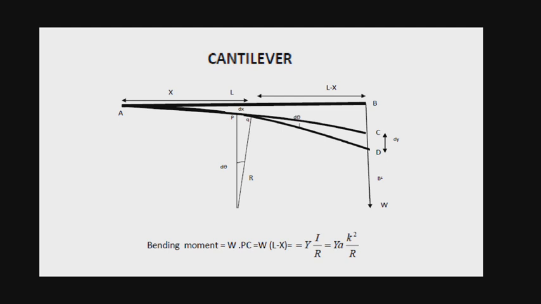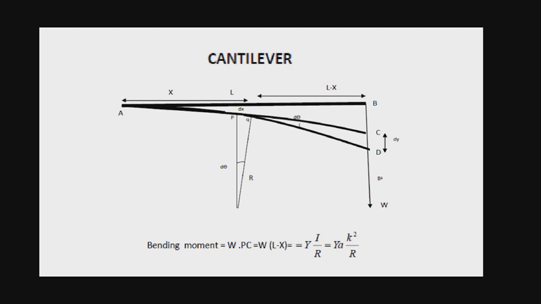Let AB be the neutral axis of the cantilever of length L fixed at A and loaded at B. Consider a section P of the beam at a distance x from A. So, the bending moment is W into PC, where PC is L minus x.